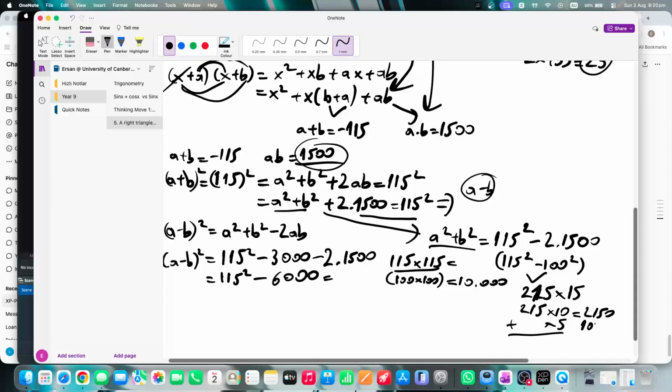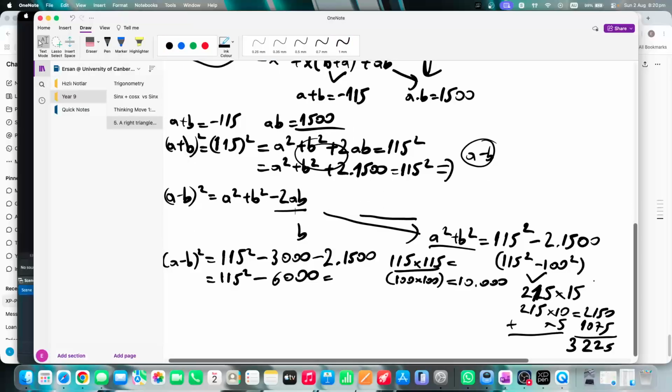So this is 1075, and their sum is 3225. This is the difference between 115 squared and 100 squared.